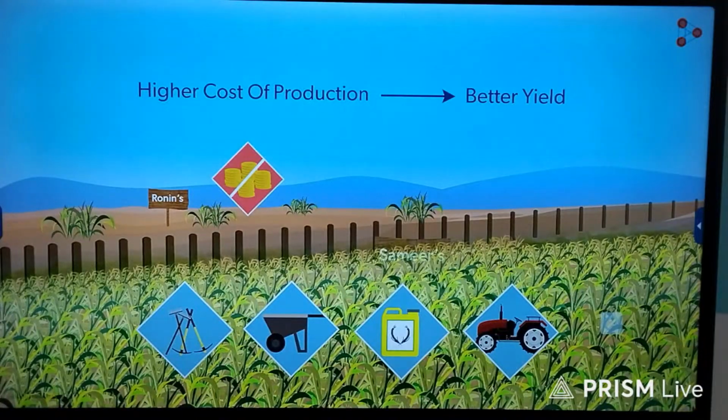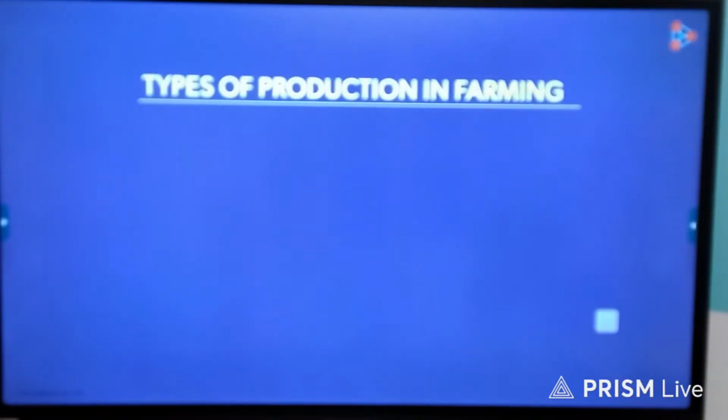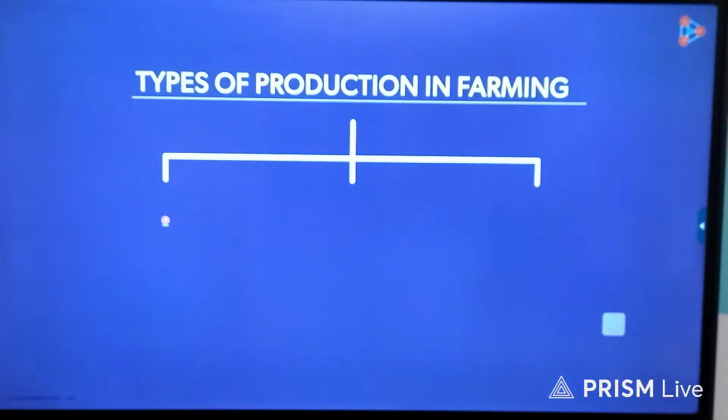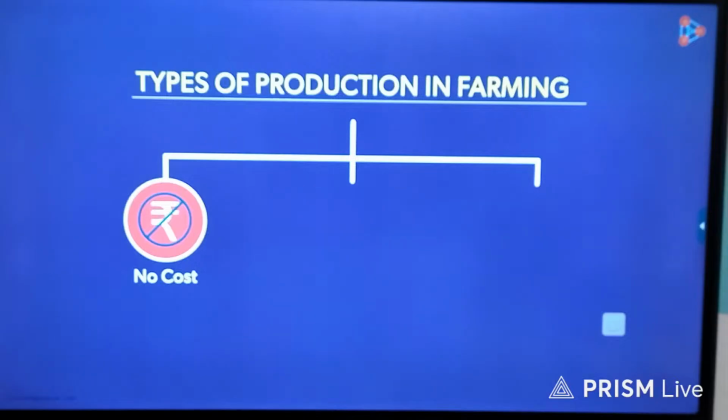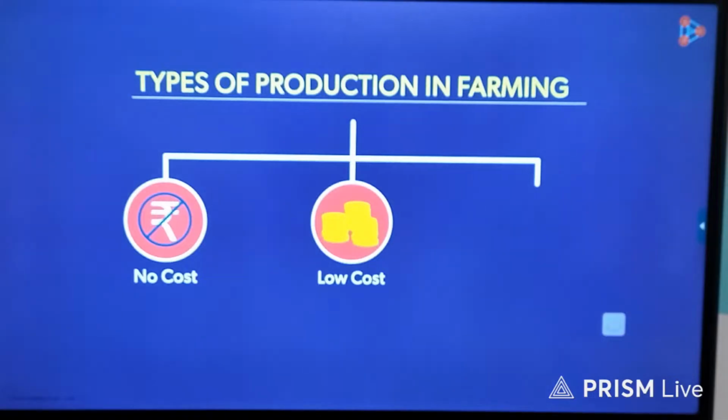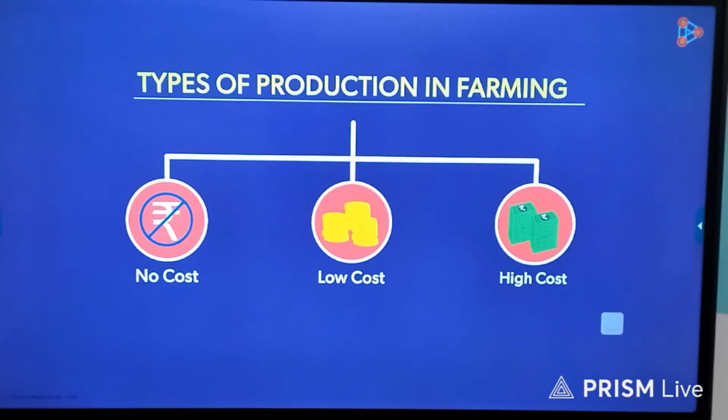from his land. Based on this monetary aspect of farming, there are 3 different types of production in farming. A production based on no cost at all. This is when a farmer does not invest in any equipment or farming paraphernalia to better his production. Second would be the low cost production, and third is the high cost production. So, what are the things that characterize this kind of production?